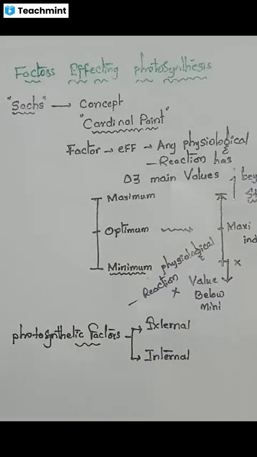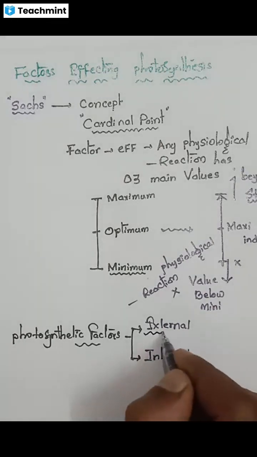The factors affecting photosynthesis are classified into two major groups. They are external and internal.